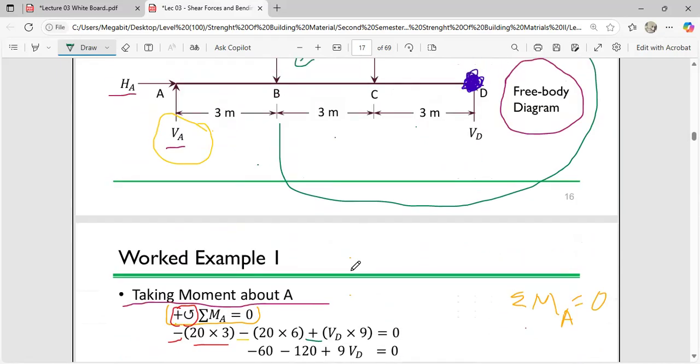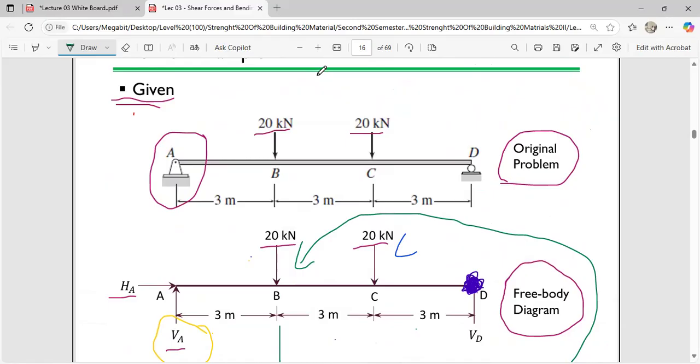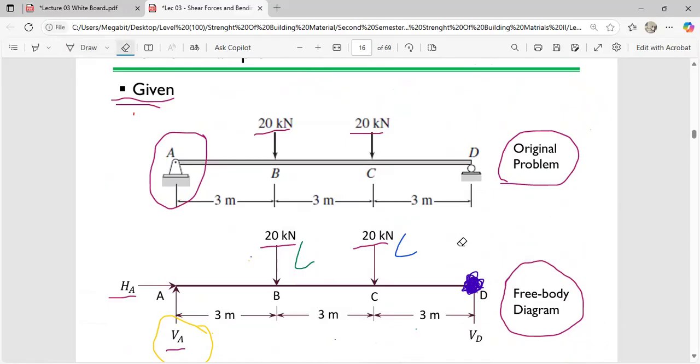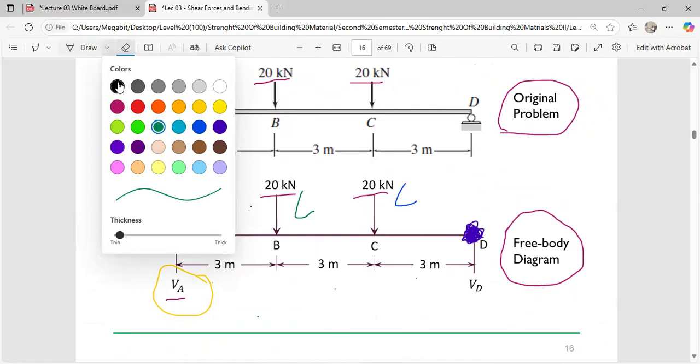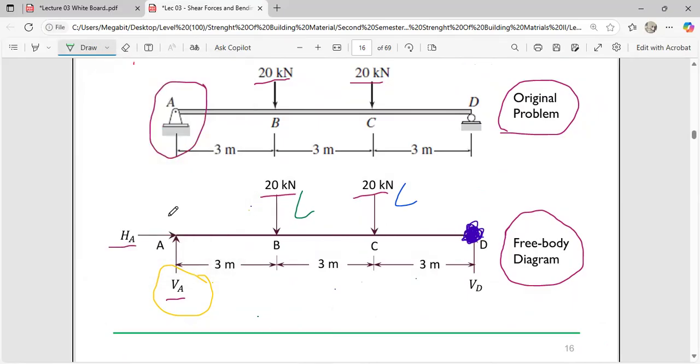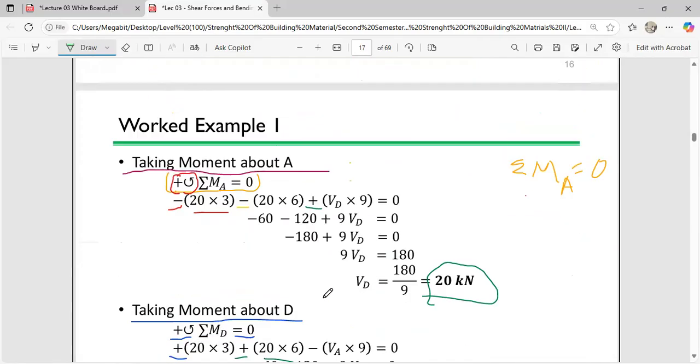What else must we do? If you stand over here with your compass, still standing at D, and you perform your movement, you realize that the last moment you are going to experience is a clockwise moment about D, and that is going to result in a negative.